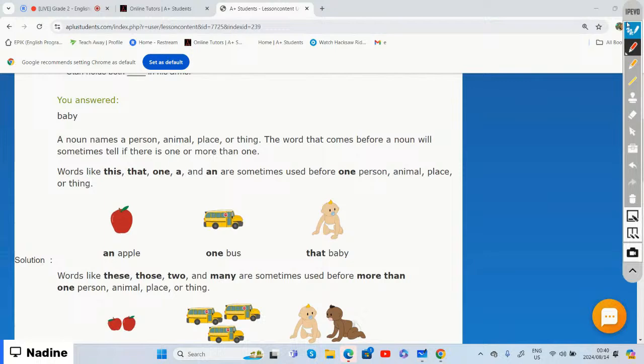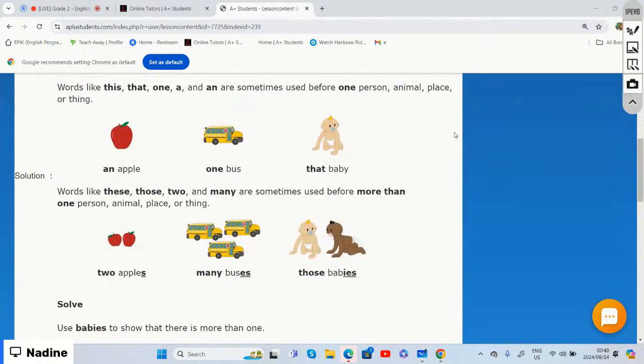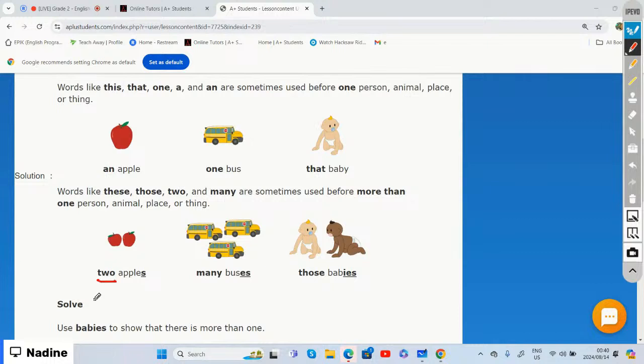And if we look at an example, it is two apples or say five apples, depending. Many buses, because we are referring to more than one.